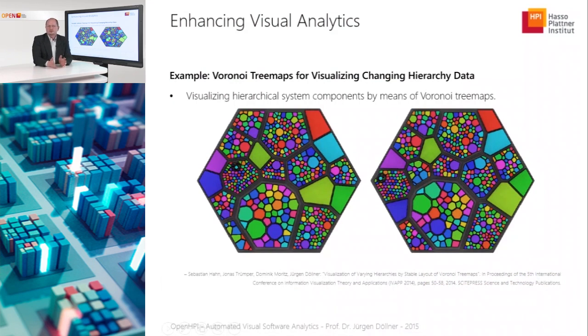It's called the Voronoi tree map. It visualizes changing hierarchy data. It visualizes, of course, hierarchical data and the changes of the hierarchy, in the sense that a Voronoi map seems to be very stable if the hierarchy changes slightly.